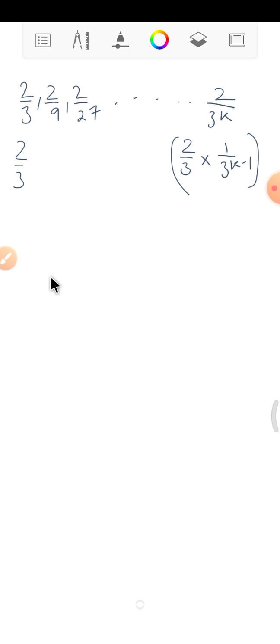So the sum of a geometric progression is equal to a into 1 minus r raised to power n, where we are finding for n terms, upon 1 minus r.